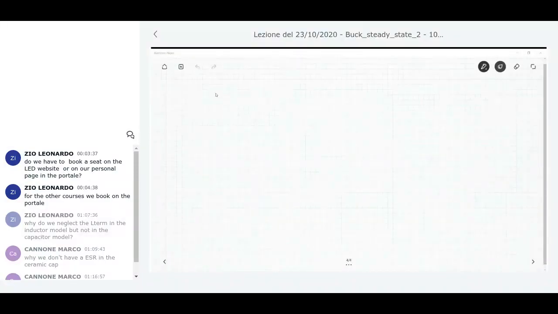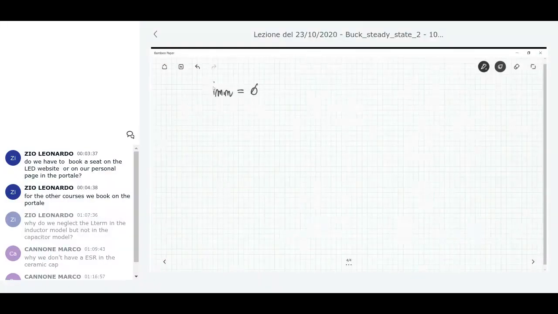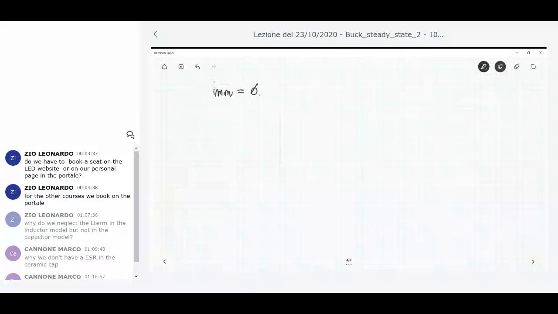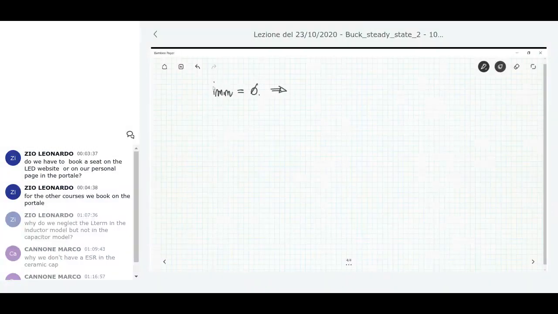So we got these results by considering that at the critical condition, the minimum current flowing into the inductor is null. So this is V0 over R minus V0 (1 minus D) over 2 L f_s equals 0.